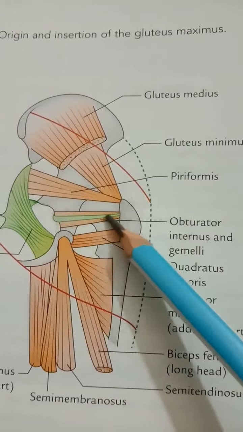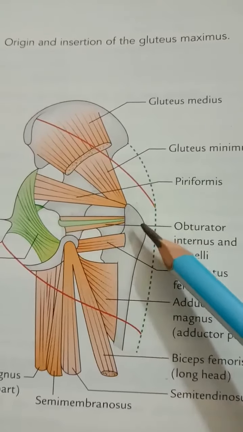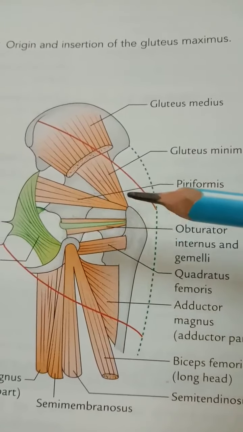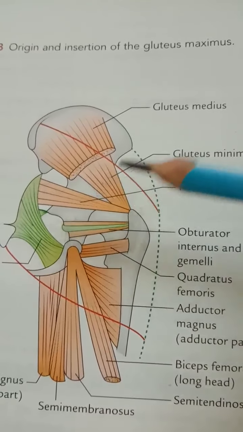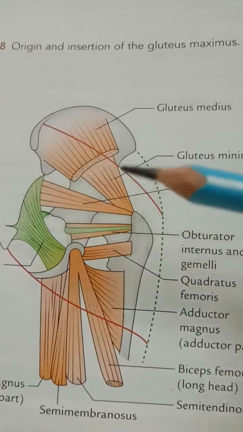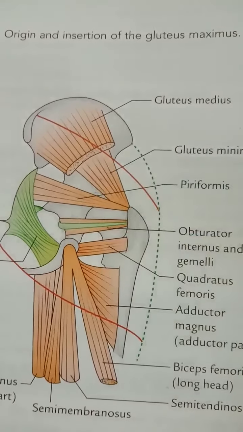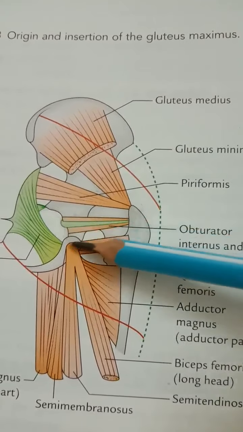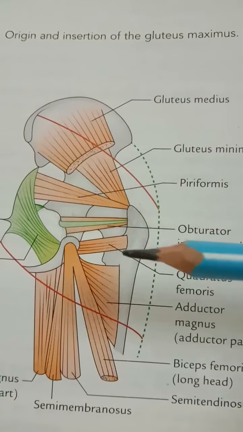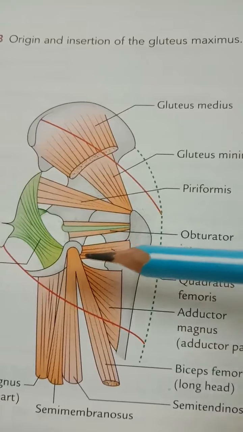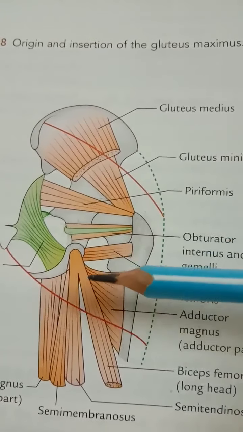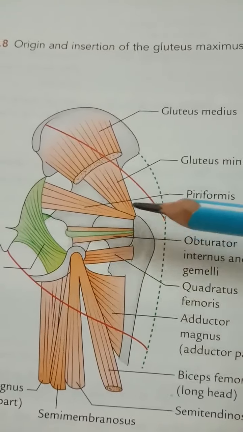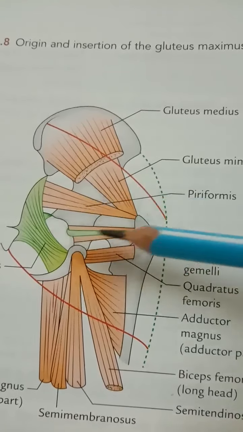So here in green color you can see the obturator internus. It is a fan-shaped flattened belly which is present inside the pelvis. Then the origin of this muscle is the pelvic surface of the obturator membrane, the pelvic surface of the body of the ischium, the ischial tuberosity, the ischiopubic rami, and the obturator fascia.